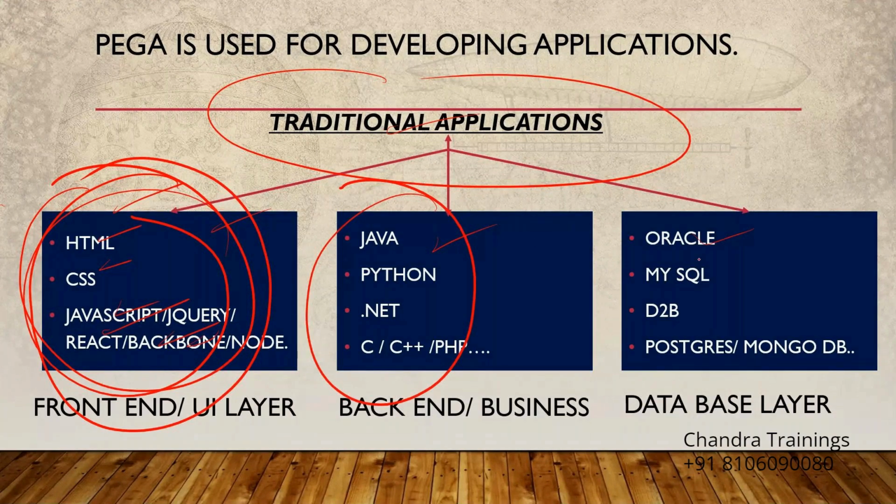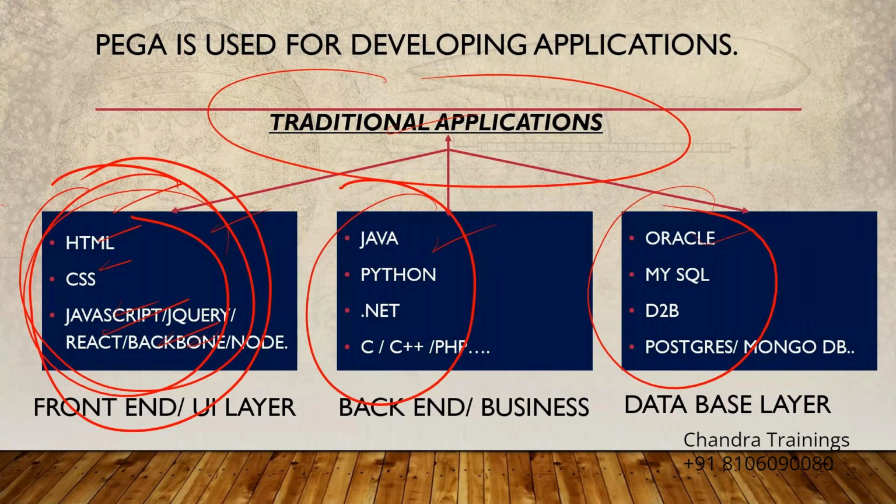So finally, Pega is one end-to-end development tool without any coding. To design any application in the traditional way, you should learn HTML, then Java knowledge, and database-related things also. But with Pega, all these are automated.